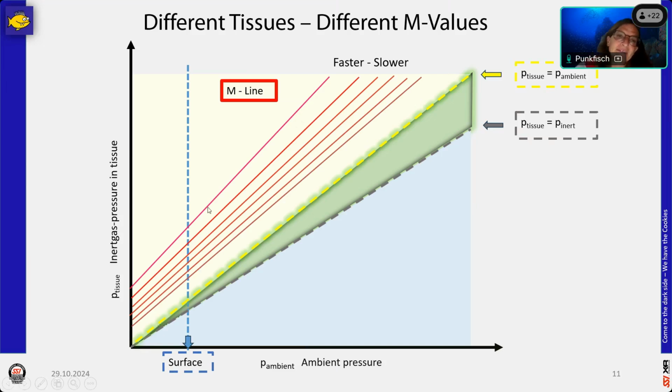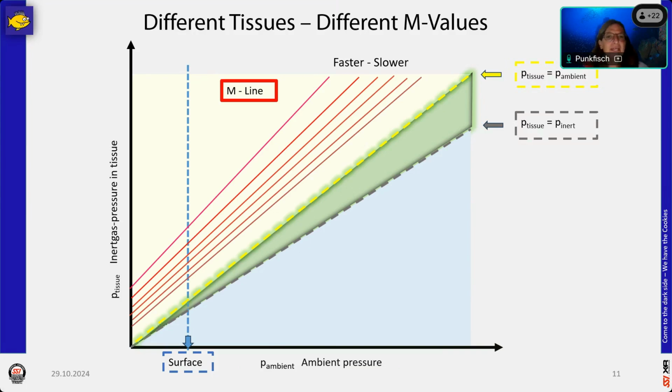And these different tissues or compartments have different M values as well. This is one of the things that are built into the Buhlmann algorithm and as well in the models before him. And it's quite well shown that faster saturating tissues can tolerate a higher supersaturation than slower saturating tissues.